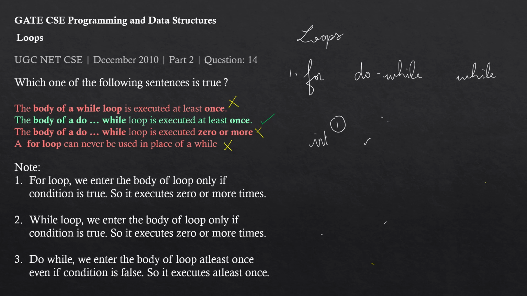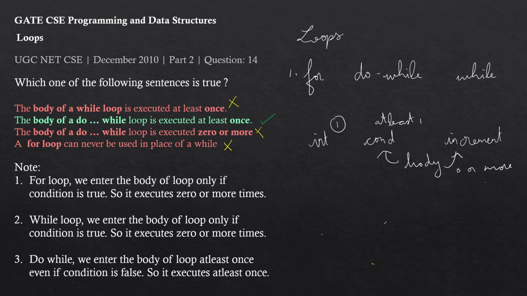How many times does the condition check happen? At least once. And the body of the for loop depends on this condition. How many times does the increment happen? Again, it depends on the condition. Only if the condition is true, it takes place. So both the body and increment happen 0 or more times.